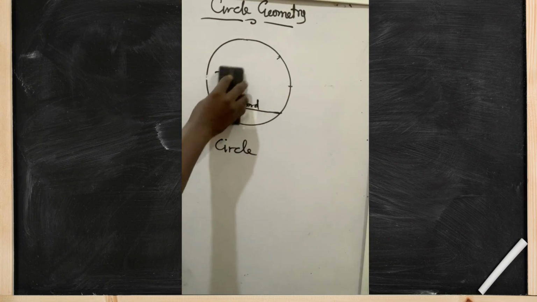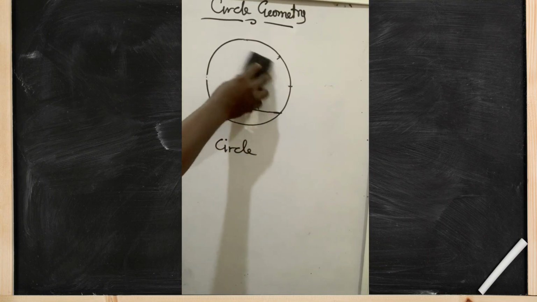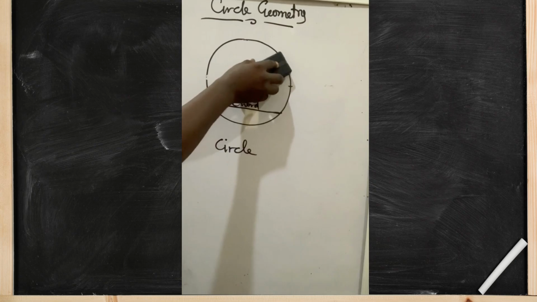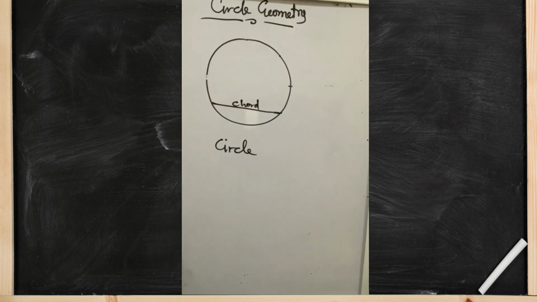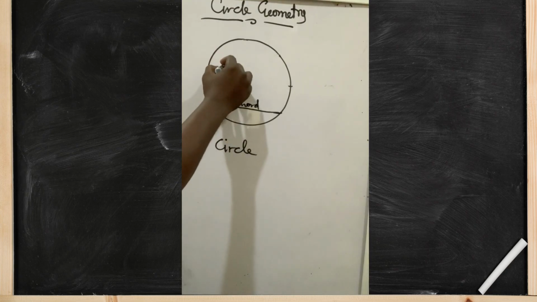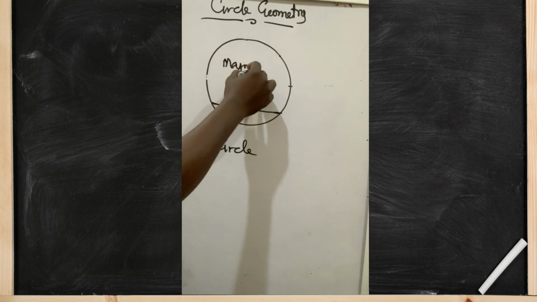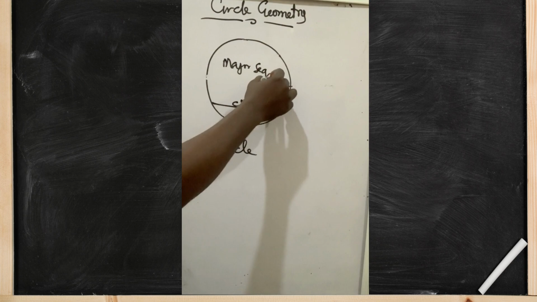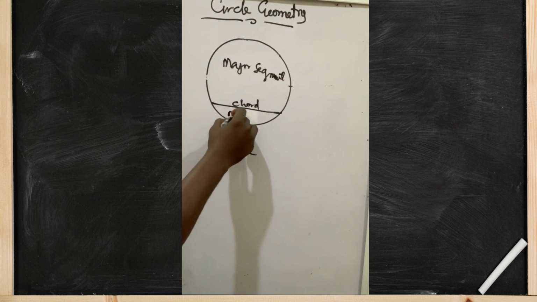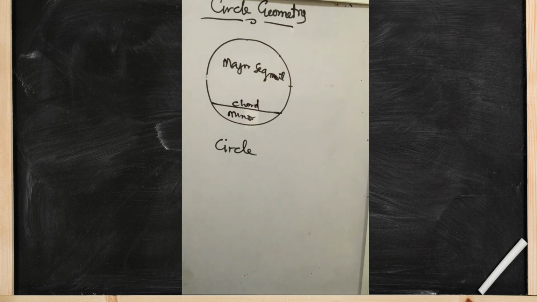Apart from that, when a chord divides a circle into two parts, the larger part is always called the major segment, while the smaller part is the minor segment. So those are the basic things.